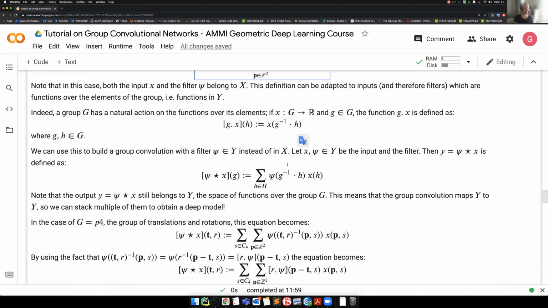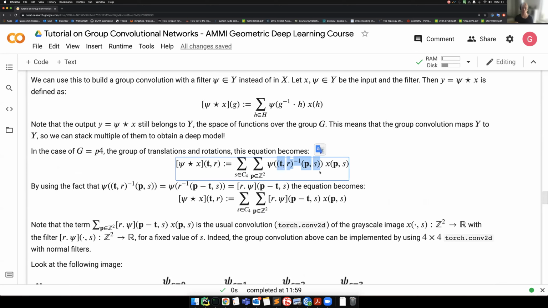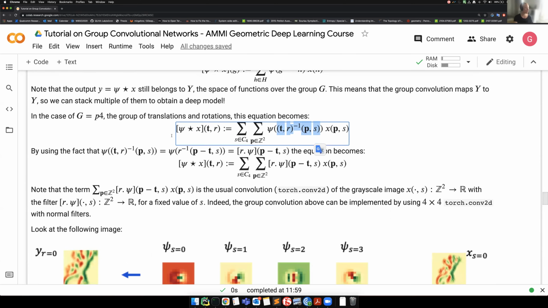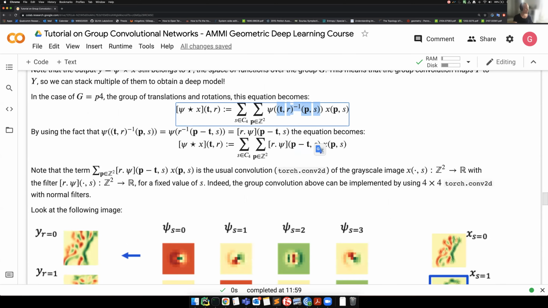And now let's just try to expand this definition as we did earlier. You use this product and you obtain this new filter, which is nothing more than the filter psi rotated by r and then translated around with t.